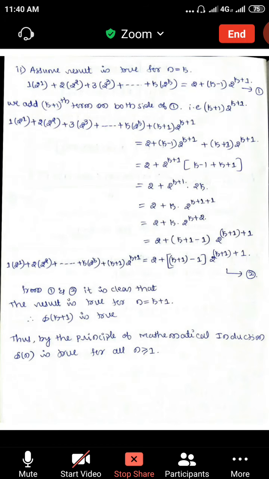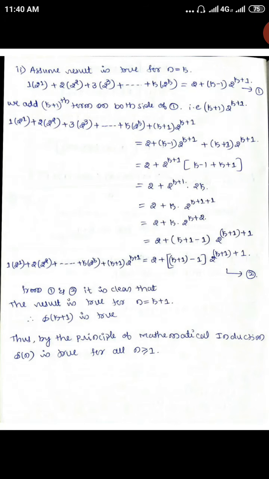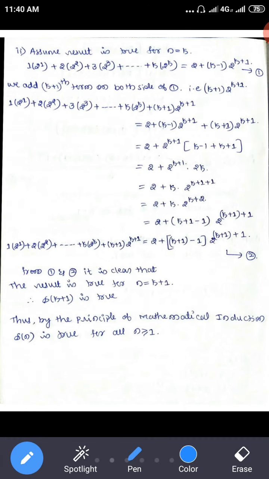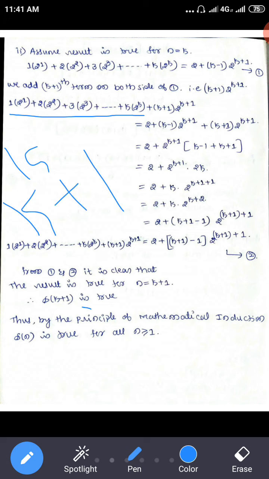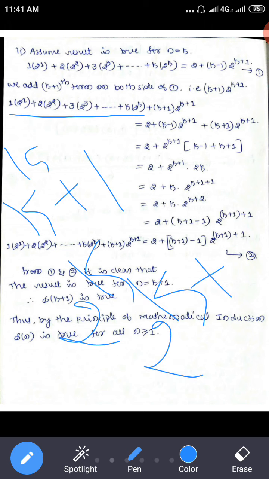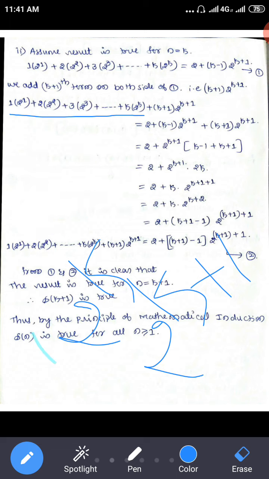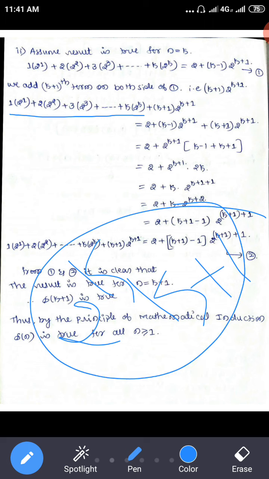So here you can see, till here we are writing as usual. First k is there, then the next term is k plus 1. So 2 raised to k is there. So next term is 2 raised to k plus 1. This I have to add on both sides.